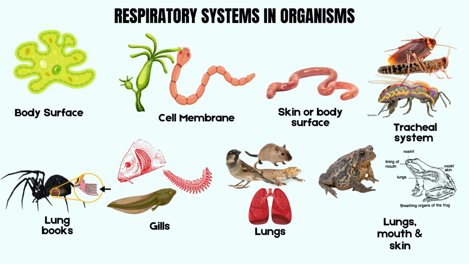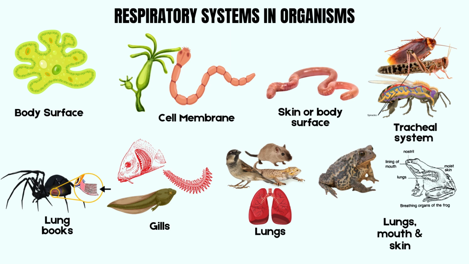Reptiles like lizards use lungs. Amphibians like toad and frog have 3 media of gaseous exchange, which include the mouth, the skin, and the lungs. Both mammals and birds make use of lungs as the main organ of gaseous exchange.